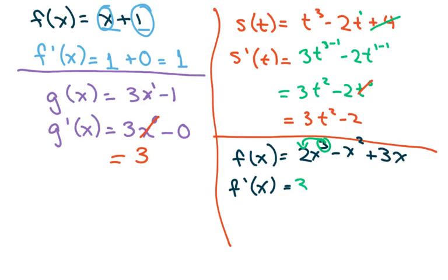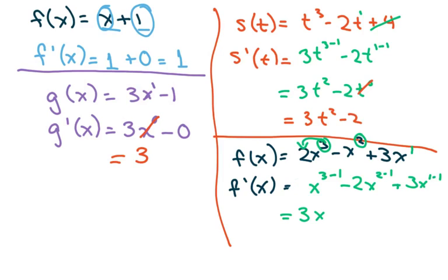So it's going to be 6x to the 3 minus 1 minus, bring this 2 down, so it's going to be 2x to the 2 minus 1 plus 3, because this is x to the 1, x to the 1 minus 1. Cleaning that up, we get 3x squared. No, why did I put 3?